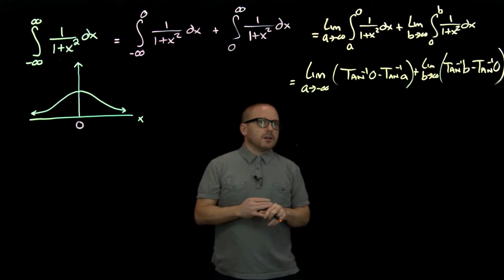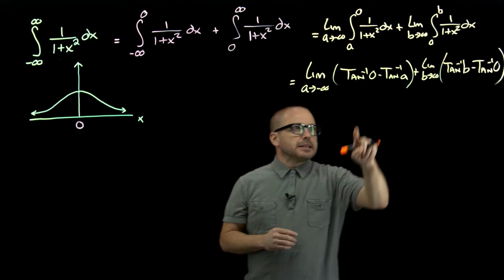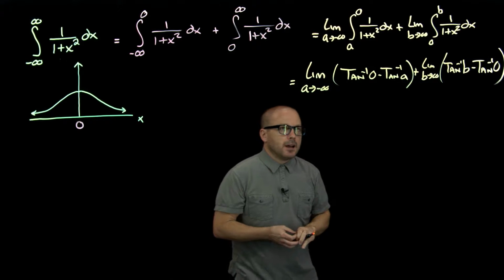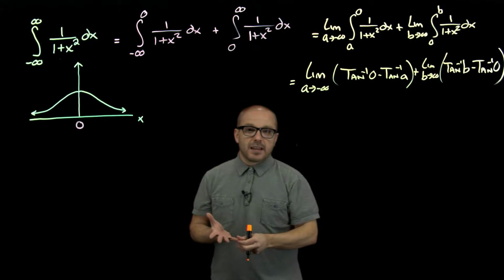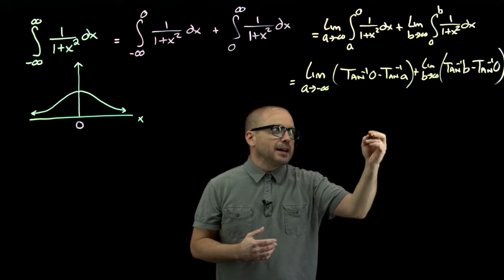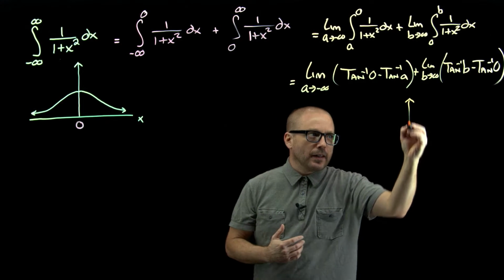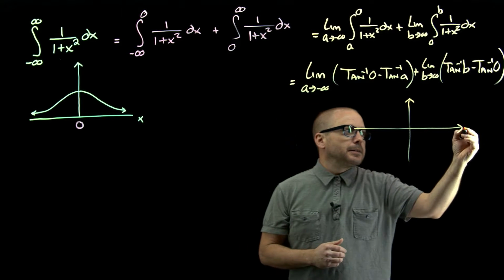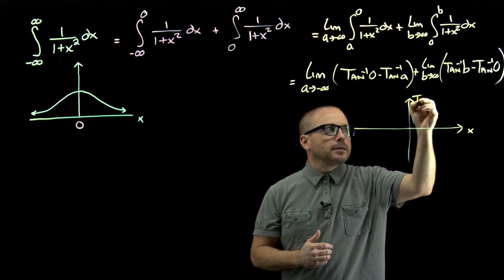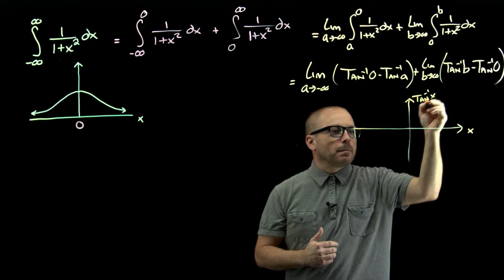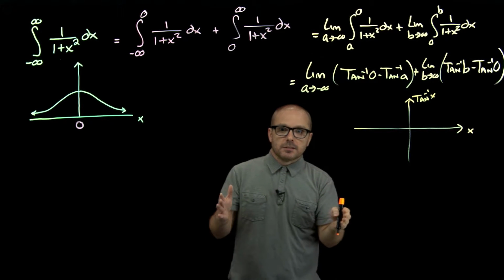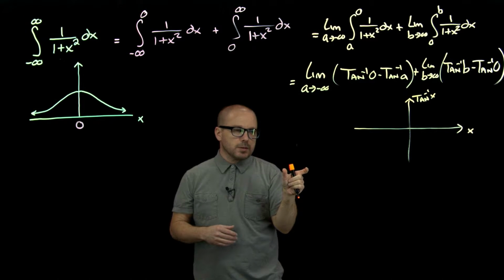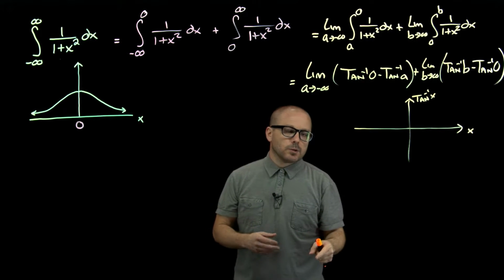Now, these limits, tan inverse at infinity and minus infinity. We like to use tan inverse a lot as an example because it's a nice function as far as its behavior out at infinity. So let's remind ourselves what tan inverse looks like. Remember, tangent is sine over cosine, so every time cosine is 0, you get a vertical asymptote.